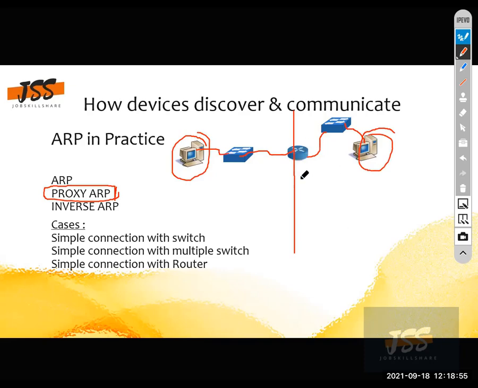Now this time we have the router in between. The router will tell this computer, if you want to communicate with this computer, you have to use me as your intermediary device. This is where the proxy ARP comes in.